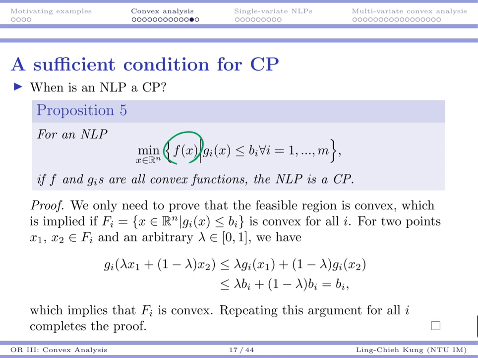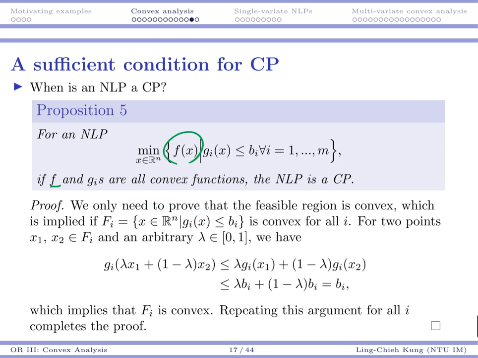Basically, if f is convex, then we are done with part of the condition. Now we only need to prove that the feasible region is also convex. So we need to show that the set Fi given by a convex function g in this way is convex.